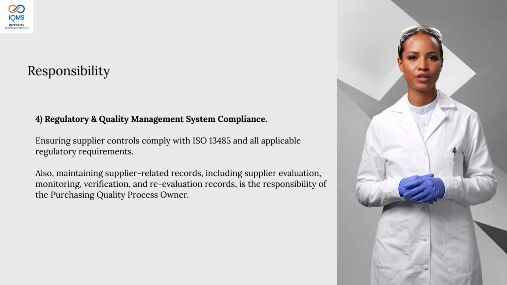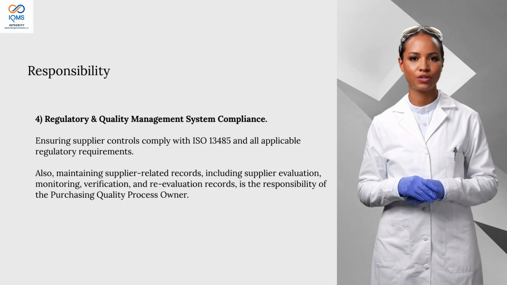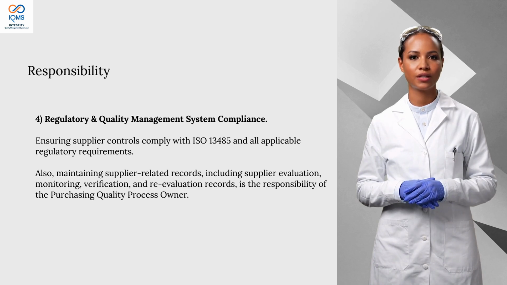Regulatory and quality management system compliance. Ensuring supplier controls comply with ISO 13485 and all applicable regulatory requirements. Also, maintaining supplier-related records, including supplier evaluation, monitoring, verification, and re-evaluation records, is the responsibility of the purchasing quality process owner.